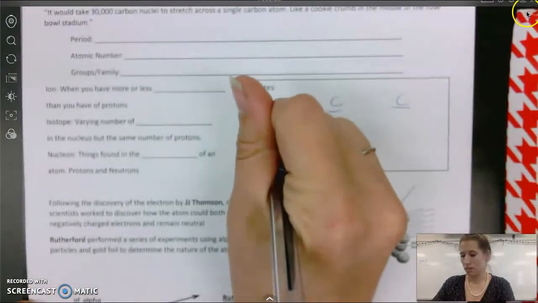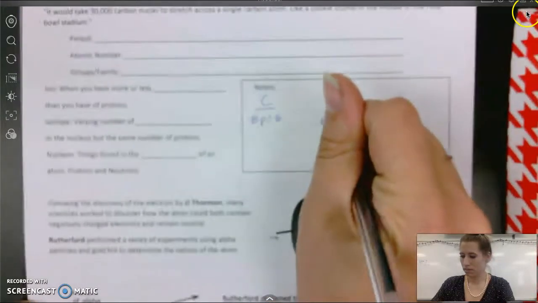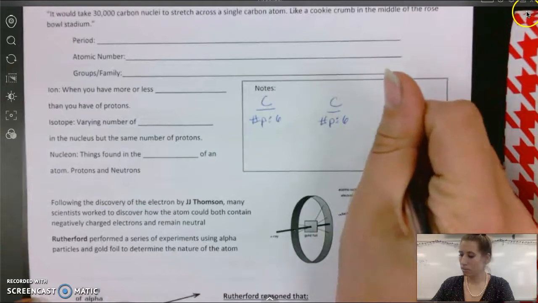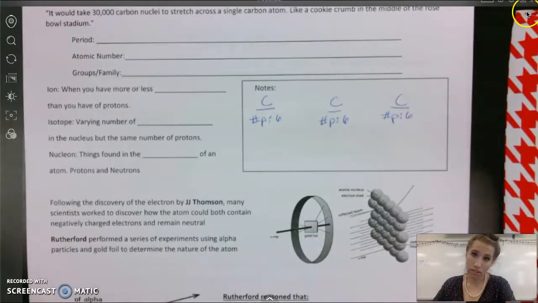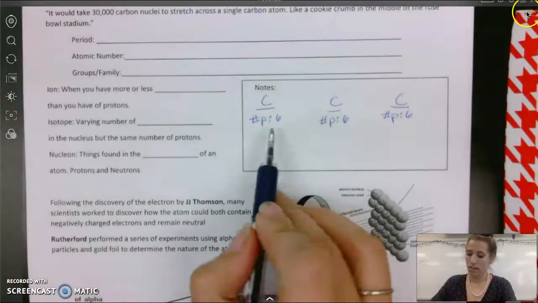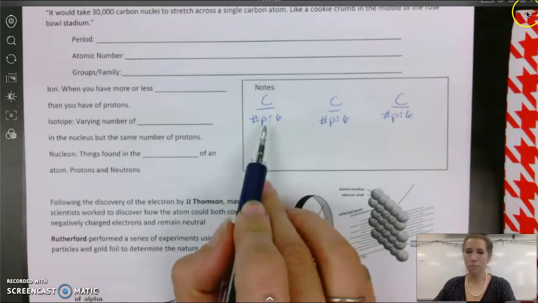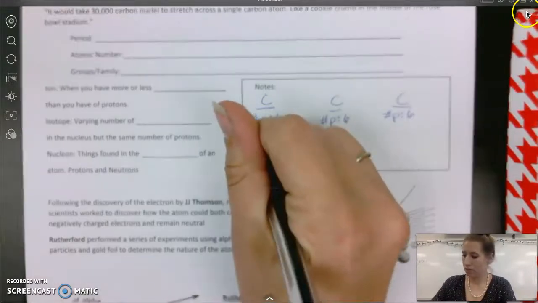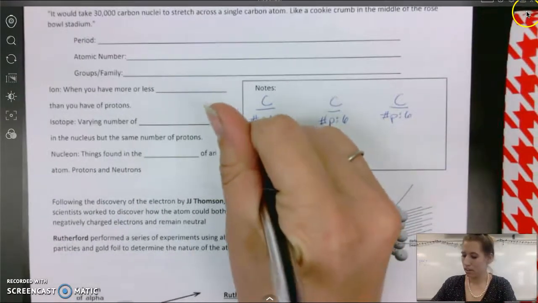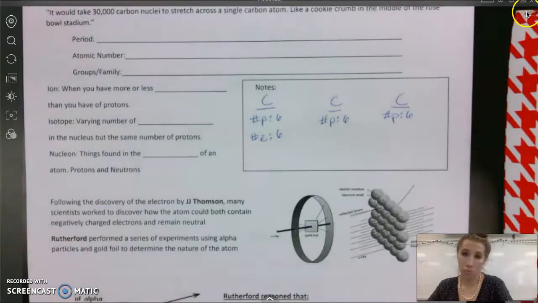So number of protons, 6. Do you remember that the protons are the positive components of an atom, that they are positively charged? And so if we're going to have a carbon that is neutral, then we have to have an equal number of electrons in order for that to happen.